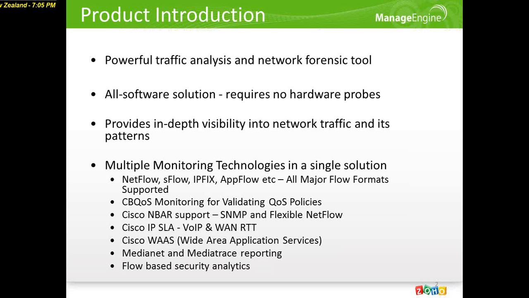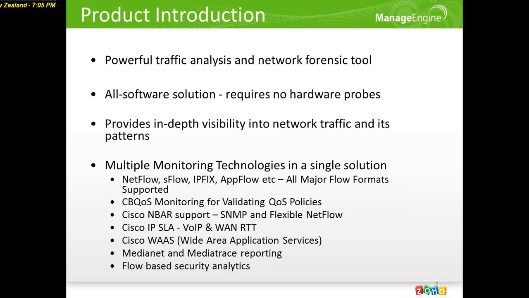That is, you can create a VoIP monitor in NetFlow Analyzer which simulates a UDP packet and checks whether the particular link carrying voice traffic is really capable of carrying this kind of traffic. And it reports on jitter, latency, and packet loss on that particular link for voice traffic. And WAN RTT is used to check latency and packet loss for data traffic.